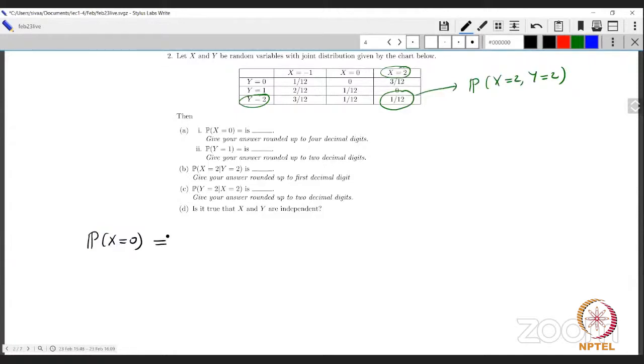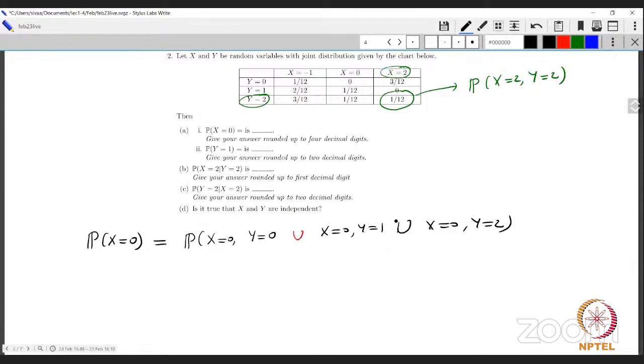First I would look at when x is 0, what all values y can take. Y can take 0, 1 or 2. So the first thing I observe is that probability x equal to 0 is the same as probability x equal to 0 and y equal to 0, or x equal to 0 and y equal to 1, or x equal to 0 and y equal to 2. And these are all disjoint events.